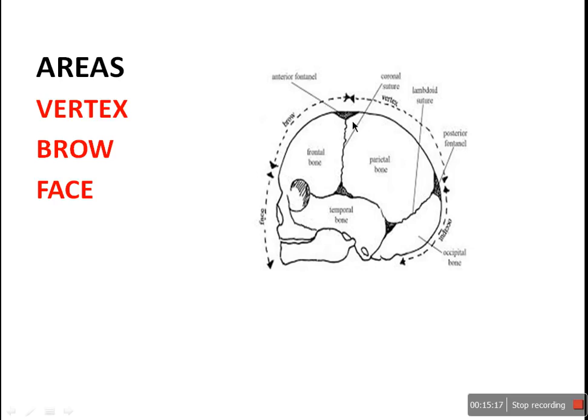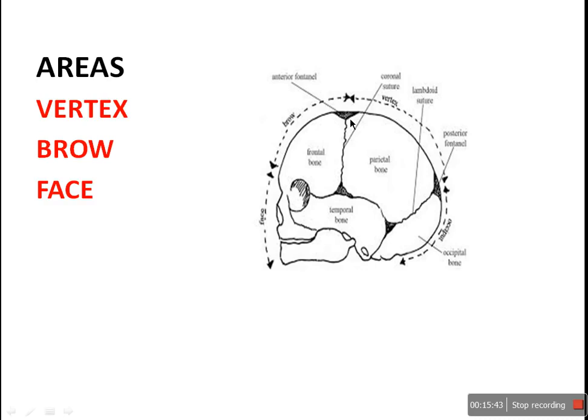So from the anterior fontanelle to the lambda or posterior fontanelle, it is called the vertex. This area is called the vertex. Then the brow means it is from the anterior fontanelle or bregma.